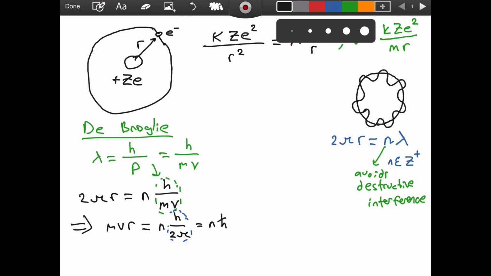Here, I will actually continue on a new page. So we have mvr is equal to n times h bar. Now, if I square both sides, what will happen? We will get m squared v squared r squared is equal to n squared h bar squared. All great.